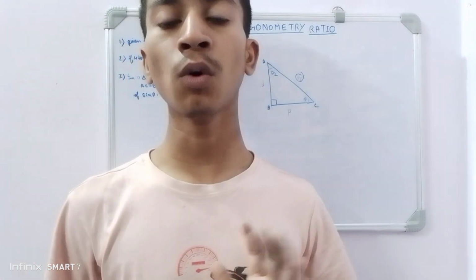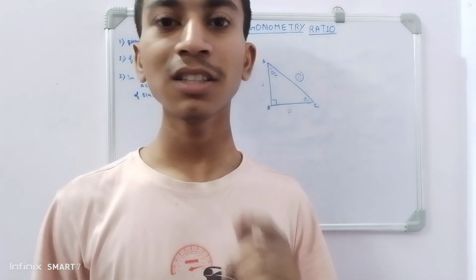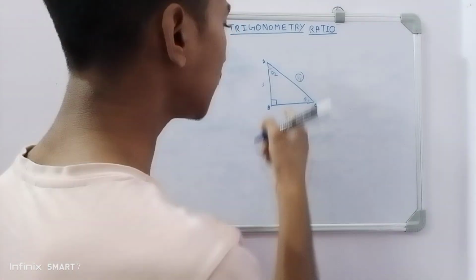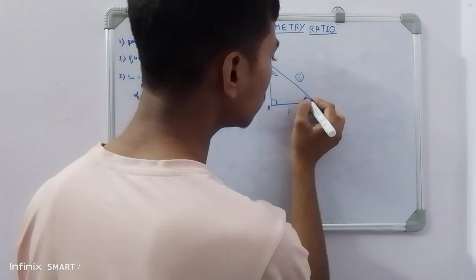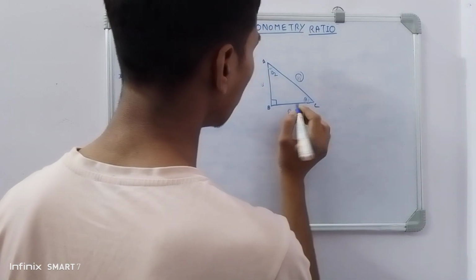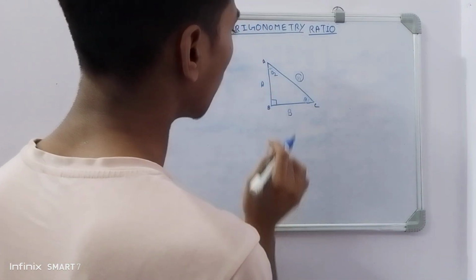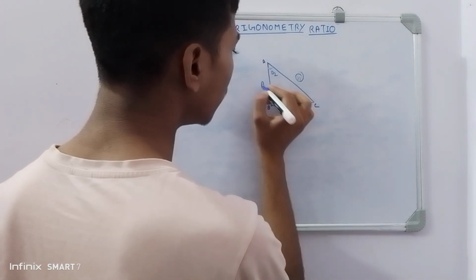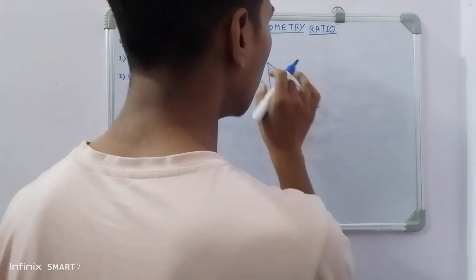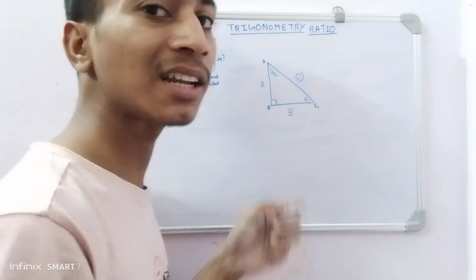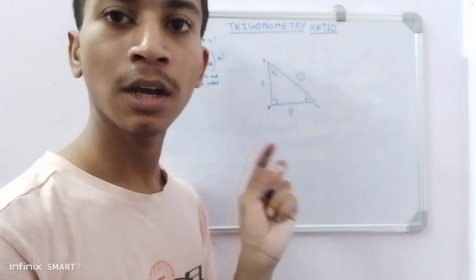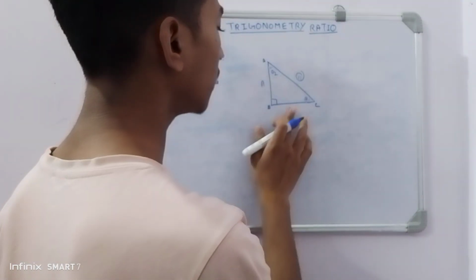But according to you, I am at rest. Like this, the angle works the same way. According to this angle, this becomes the base and this becomes the perpendicular, and according to the other angle, this becomes the base and this becomes the perpendicular. Like this, you have to understand that base and perpendicular are relative to theta.